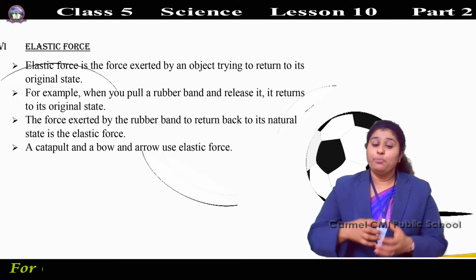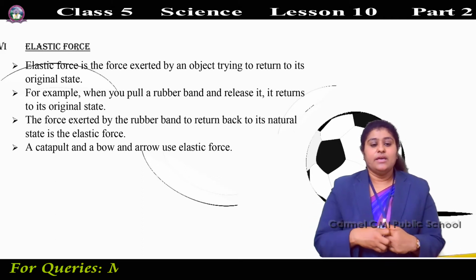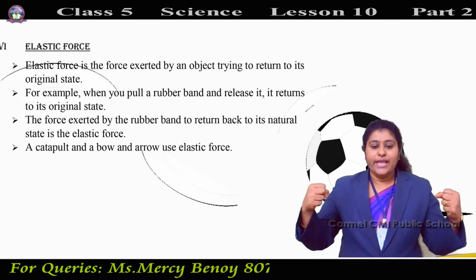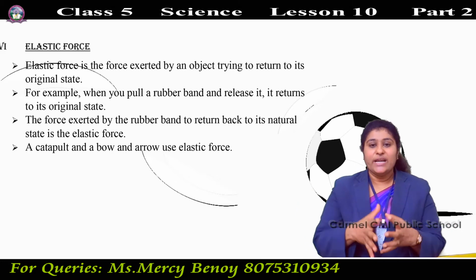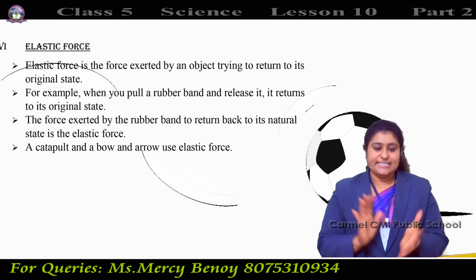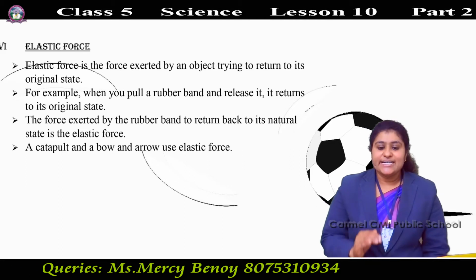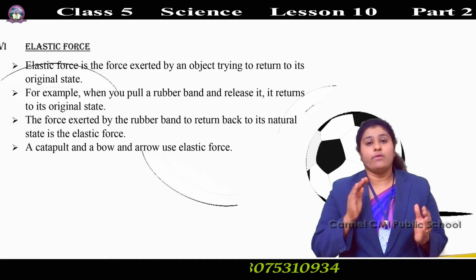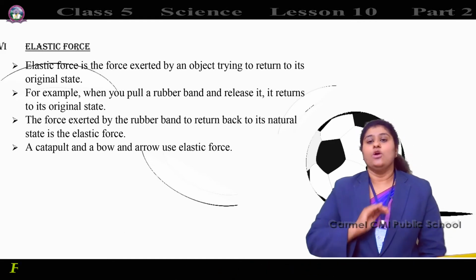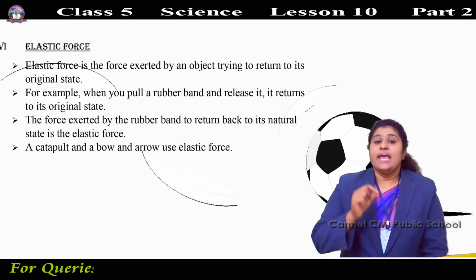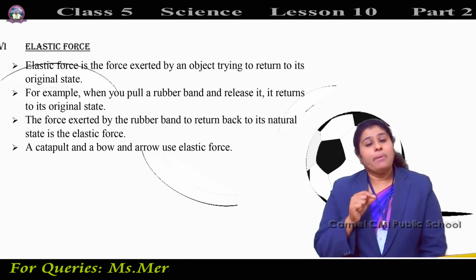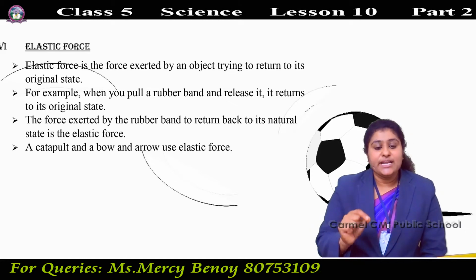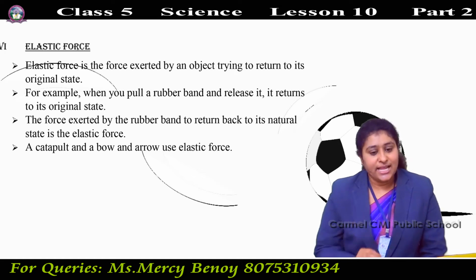For example, when you pull a rubber band and release it, it returns to its original state. Have you ever noticed that? The force exerted by the rubber band to return to its original state is the elastic force.